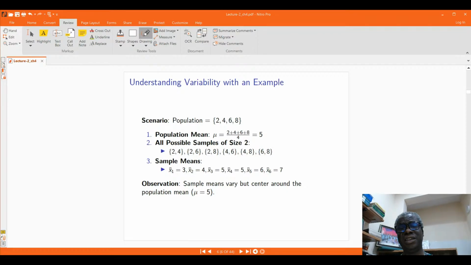So we can say mu, which is the population mean, is the sum of all the money in the pockets of the 4 students divided by the number of students, and that gives you 5. So the population mean here is 5.